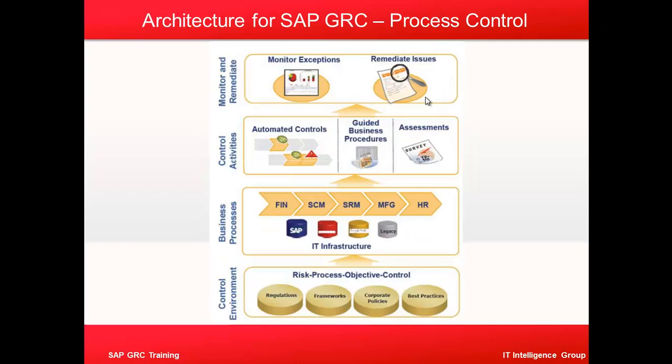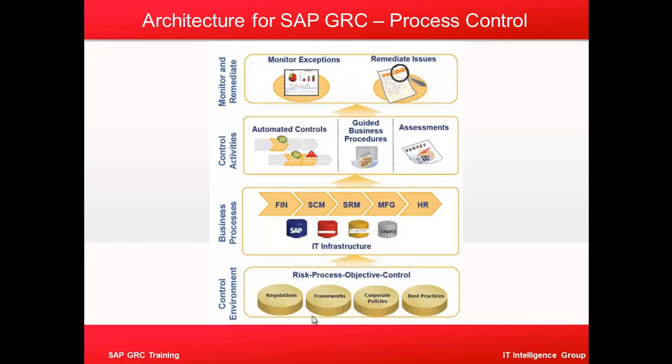Okay, let's see the process control aspect. You have risk, process, objective, and control: there are defined regulations that need to be followed, a defined framework, corporate policies, and best practices.